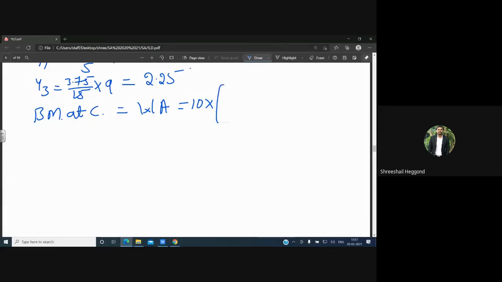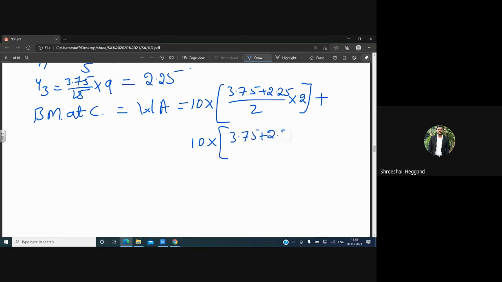Which can be given as 10 into the left side. I can write the parallel side values as 3.75 is the mid value plus 2.25 divided by 2 into the distance of 2 meter to the left, plus 10 into 3.75 plus 2.25 divided by 2 into span length of 6.